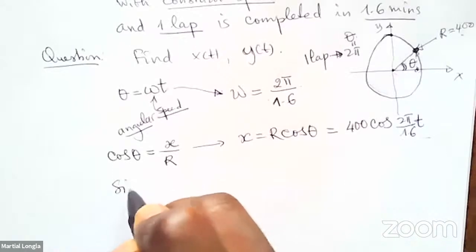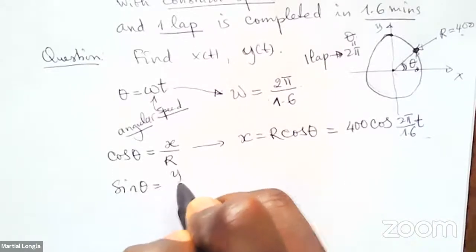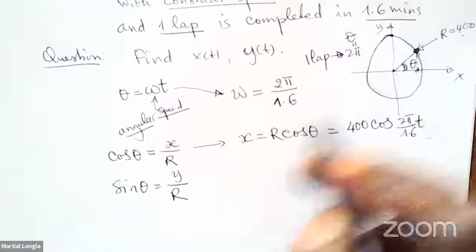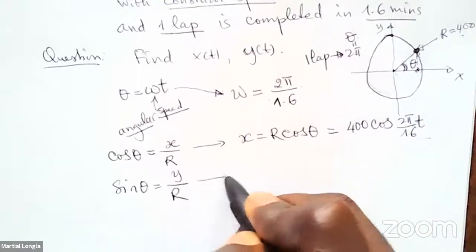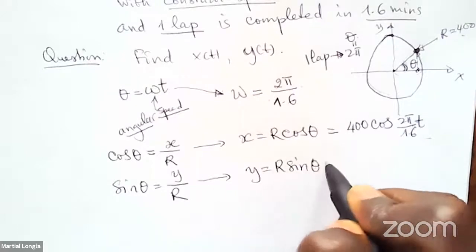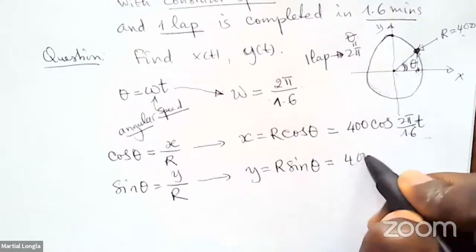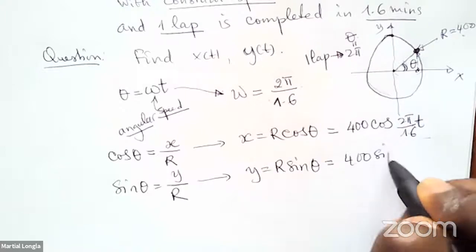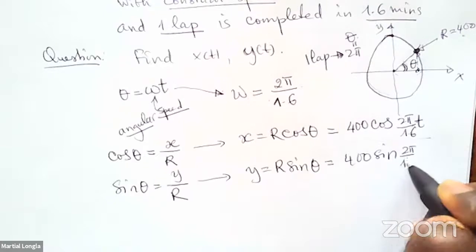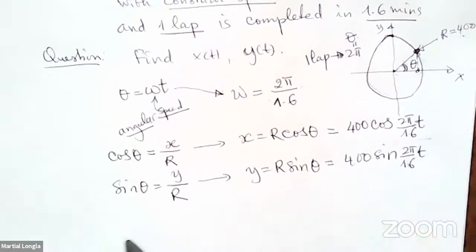And sine theta is y over r. Sine of theta is this side, which is y over r. And that gives you y equals r sine theta. R is 400, and theta is 2 pi over 1.6 t.